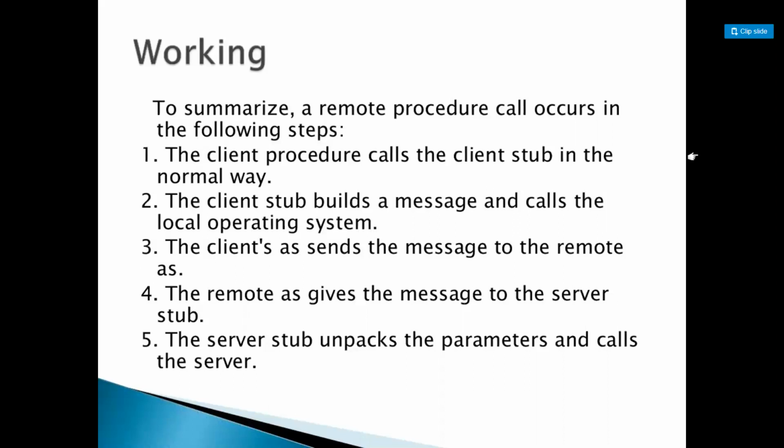Now the server stub unpacks the parameters. All the parameters and arguments are packed at the client side; the client stub performs the packing of arguments and parameters. Now at the receiver end, see the fifth point: the server stub unpacks the parameters and calls the server.